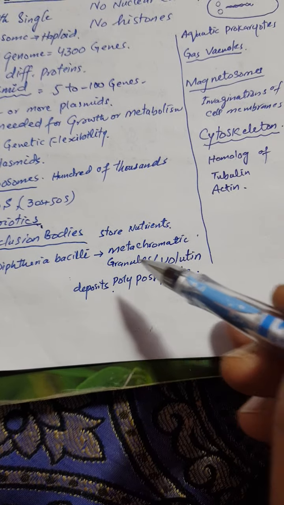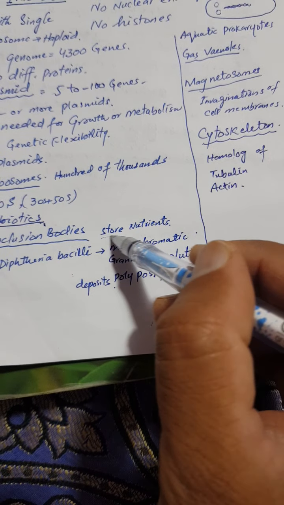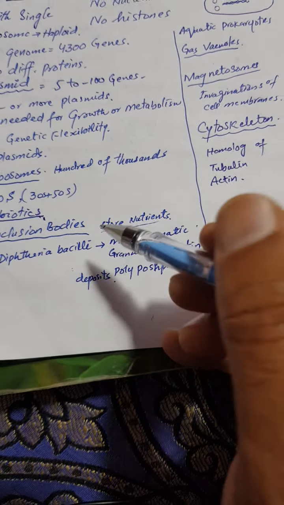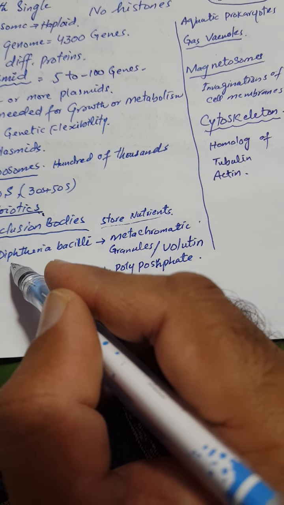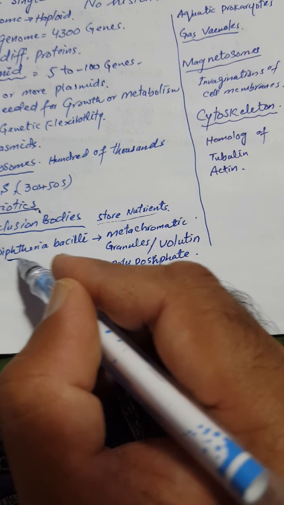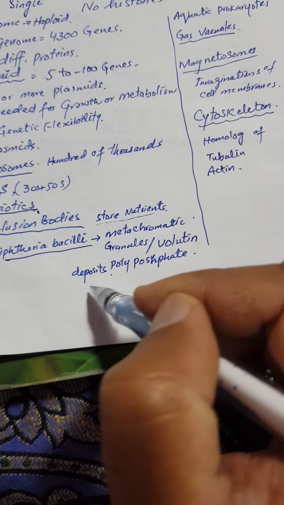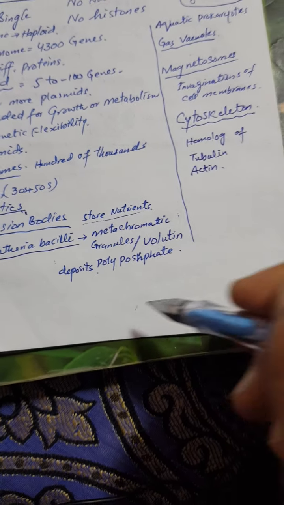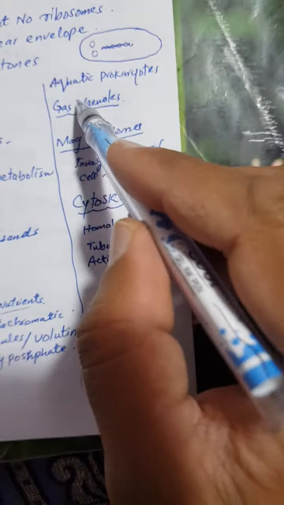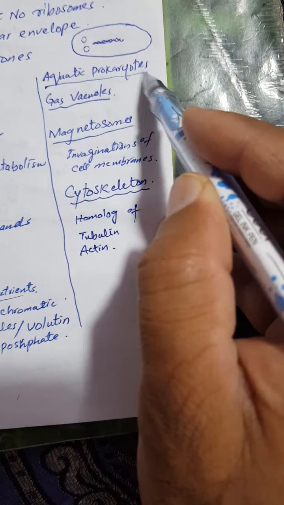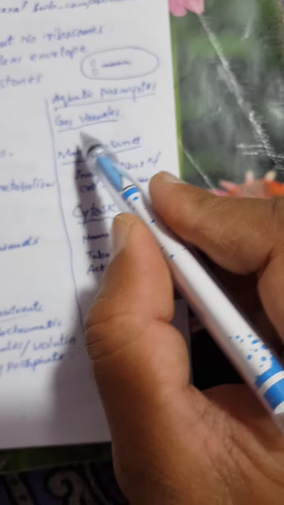For example, E. coli stores glycogen, but diphtheria bacilli contain polyphosphates in its inclusion bodies.